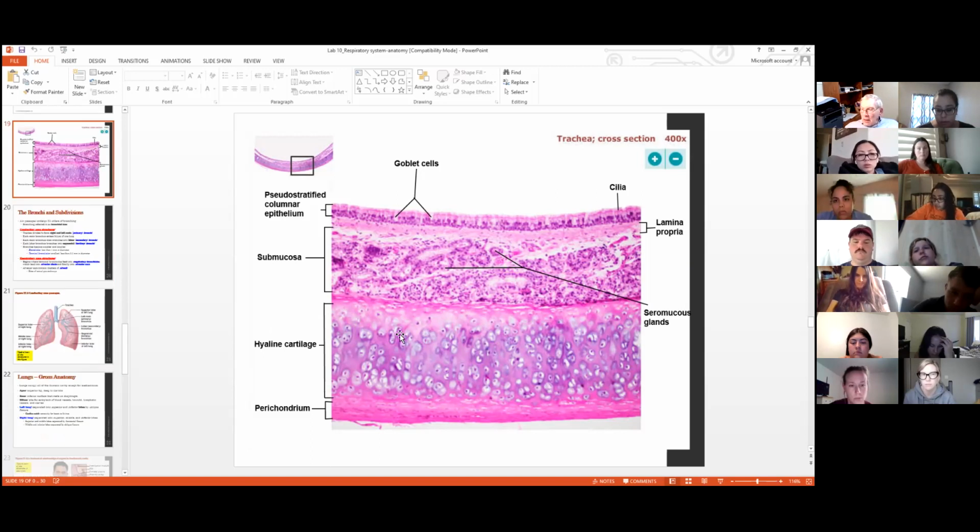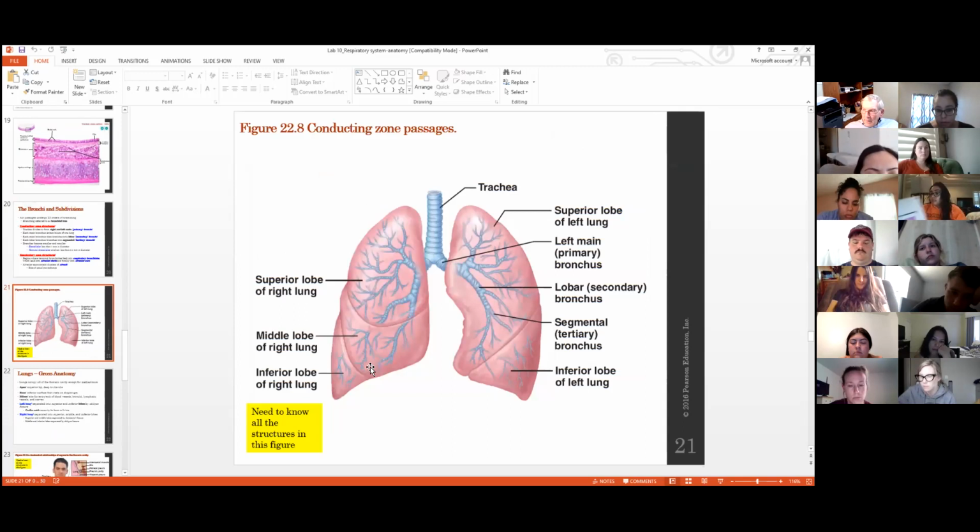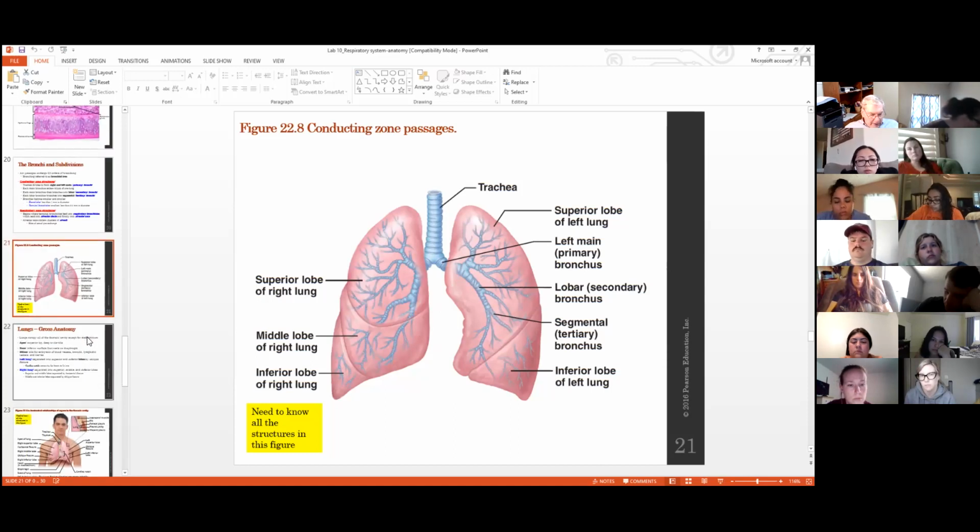Lobes of the lung, certainly know these. This is the drawing that shows primary and secondary branches of the bronchi. I don't really care about that.